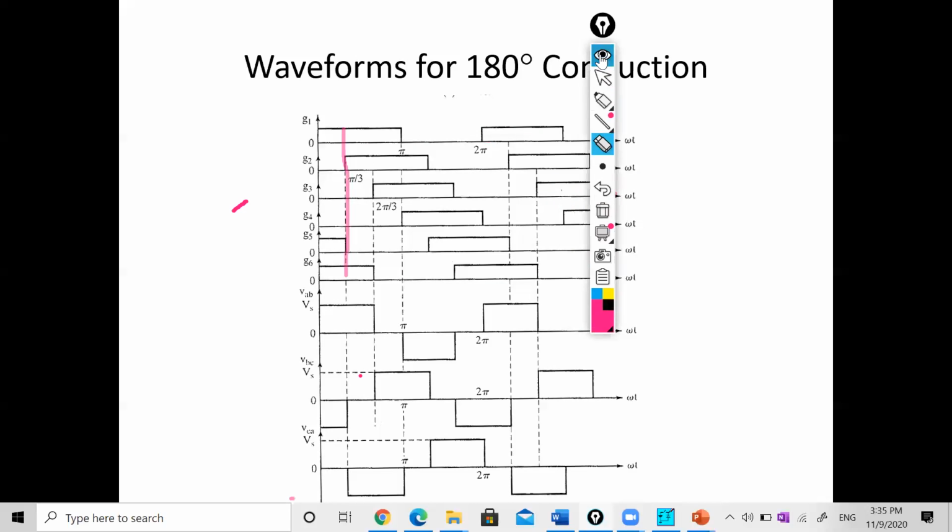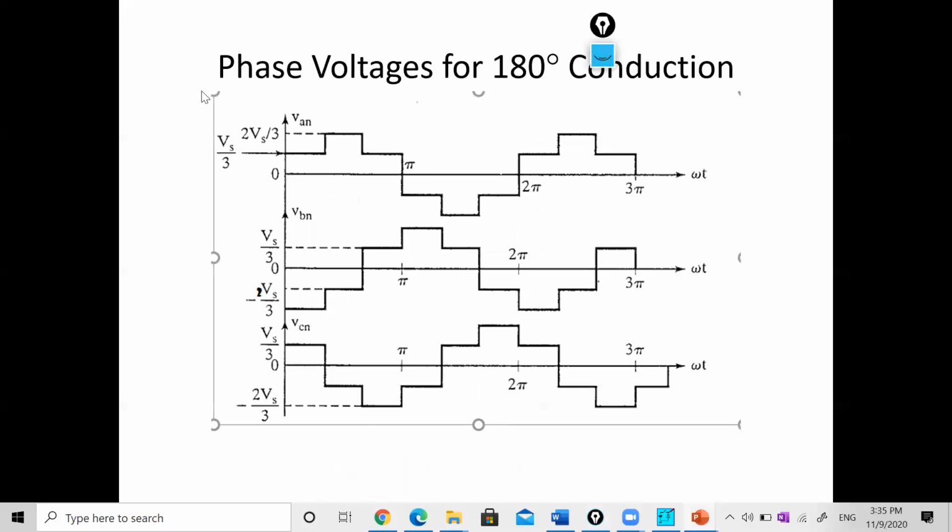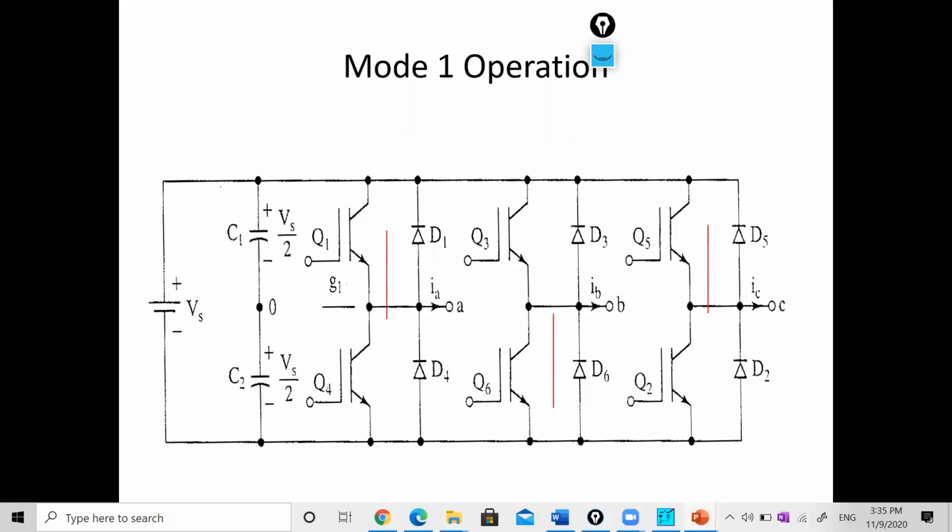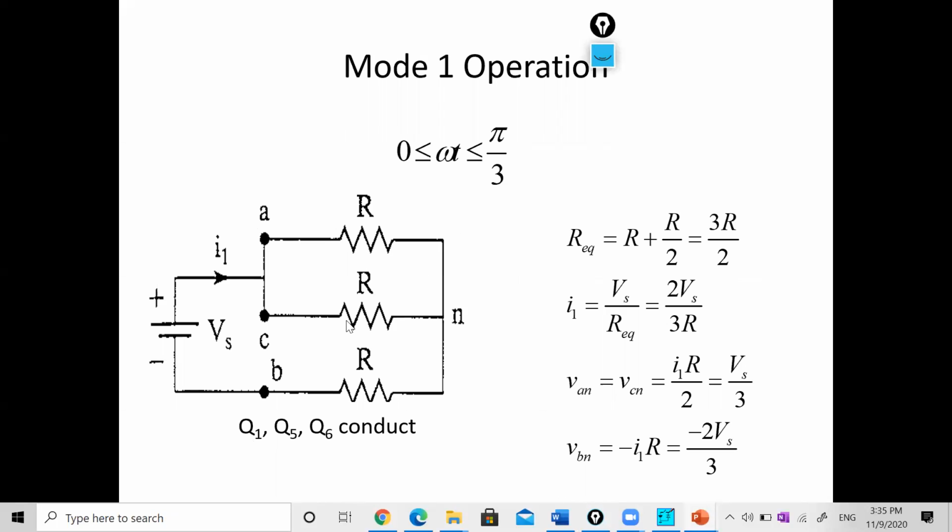So 1, 5 and 6: two from the upper half and one from the lower half. We can consider that the resistance connected in A phase and the resistance connected in C phase are parallel to each other, and the resistance connected to Q6 at the B phase is in series with this configuration.